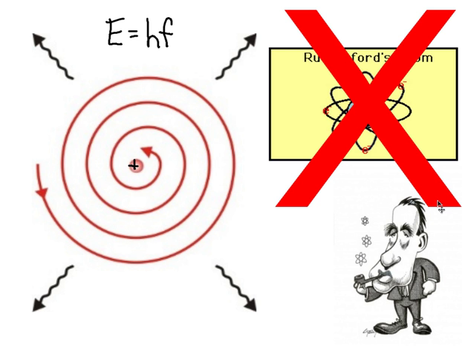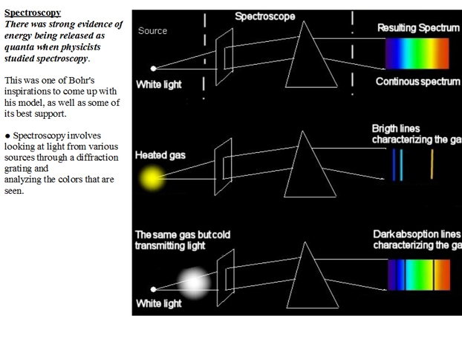Now, this was one of the ideas that he used to formulate his model. Another was based off of something called spectroscopy, which was kind of groundbreaking at the time. Physicists at this time started to look at different elements and the light that they would emit.